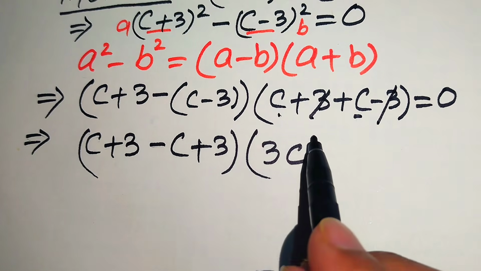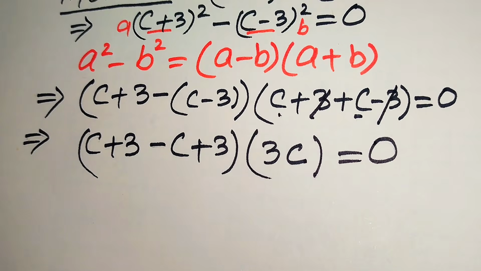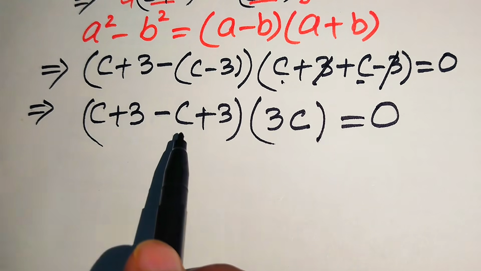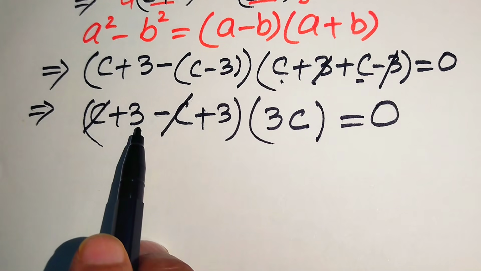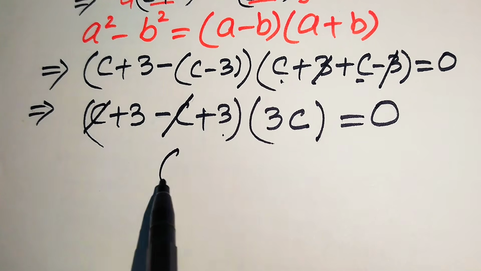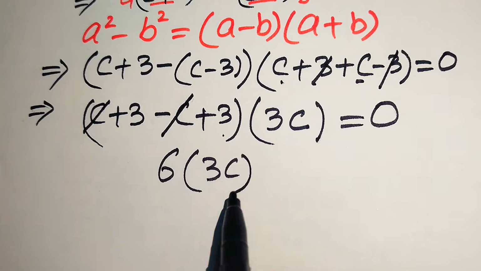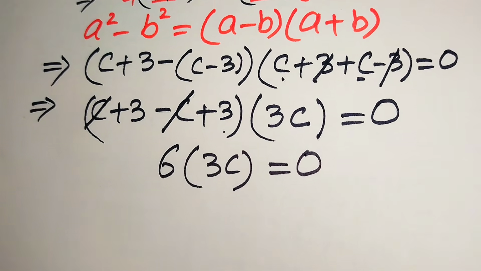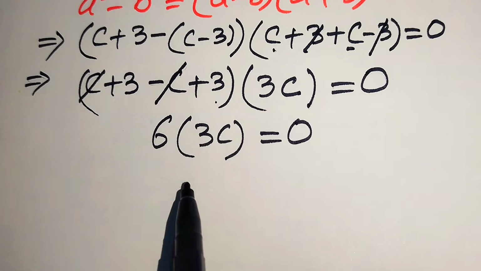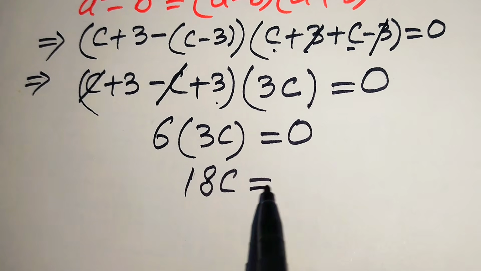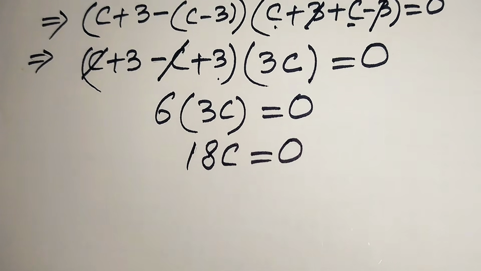Negative 3 and positive 3 are gone, and the whole equation is equal to 0. Here the negative c and positive c cancel each other out, and we obtain 3 plus 3 becomes 6 times 3c, and this whole equation is equal to 0. Now we multiply 6 with 3c, and we get 18c is equal to 0.